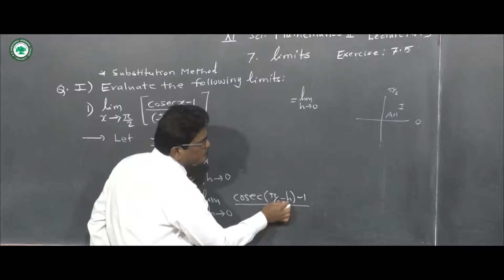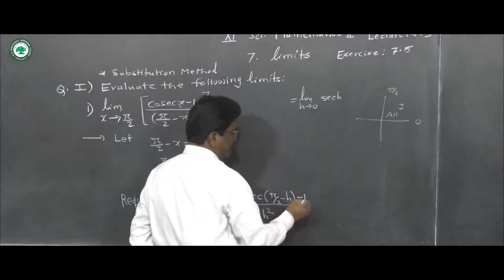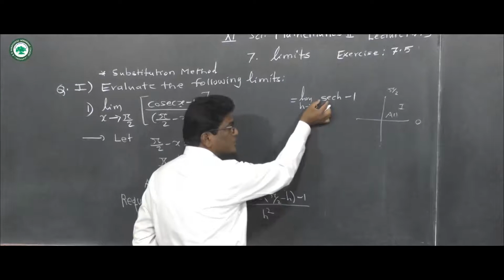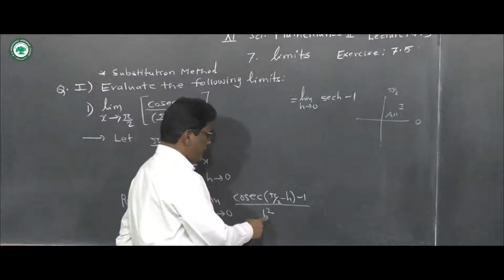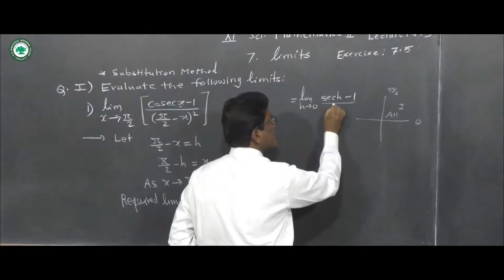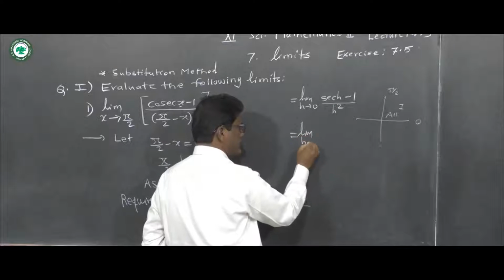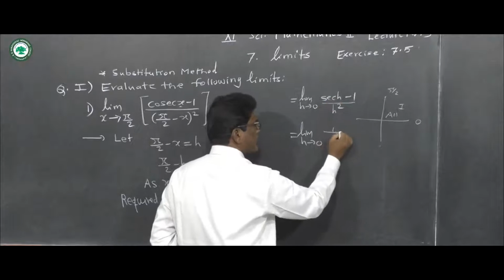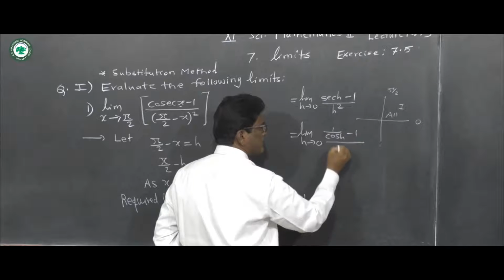So we use cosec of 90 minus theta as the pair of cosec is sec. So it is sec h minus 1, and it is positive because in the first quadrant all trigonometric ratios are positive, divided by h square as it is. So it is equal to limit as h tends to 0. We write sec h as 1 upon cos h, minus 1, divided by h square.